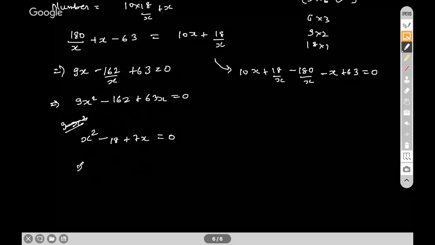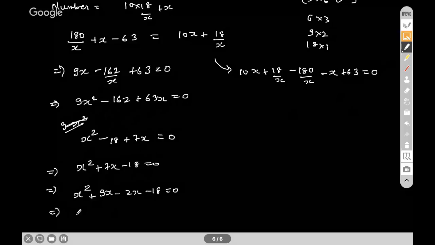So hence it is x squared plus 7x minus 18 equals 0. This implies you can write x squared minus 2x plus 9x, sorry, the other way around. So hence this is what I was saying. Every step, please do a mental recalculation. So plus 9x and minus 2x minus 18 equals 0.